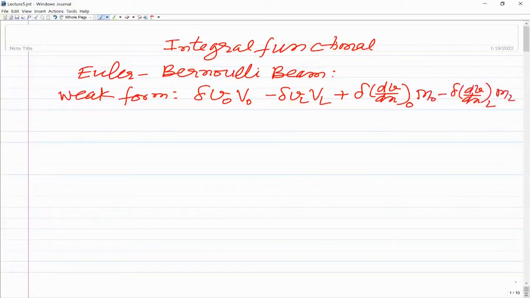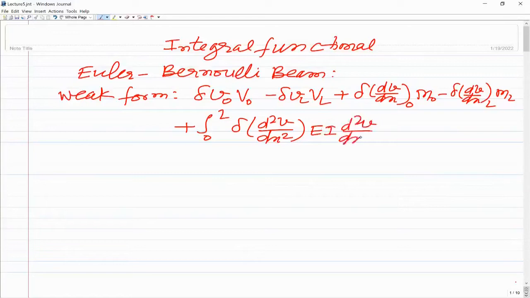So this is what we had written, plus this integral term, integral 0 to L delta of, we said that the variation operator and the differential operator are interchangeable. So under that we wrote this as delta outside, and then EI d2v by dx square dx, minus integral 0 to L delta v q dx.